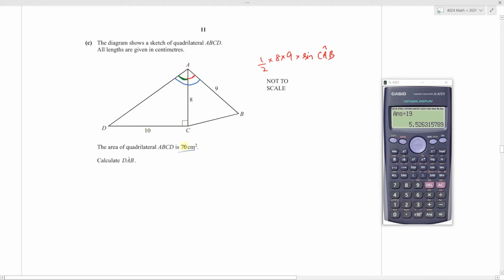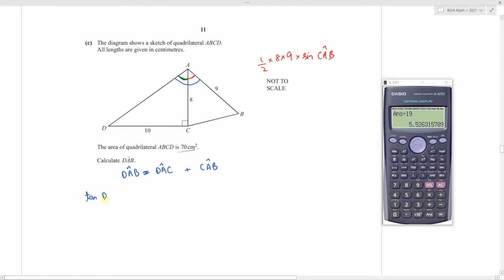I know two sides. This side is opposite to this angle. If I'm looking at this green angle DAC, this is the perpendicular and this is the base. So your angle DAB equals this green angle plus this red angle, and I can calculate them separately. DAC plus angle CAB, right?